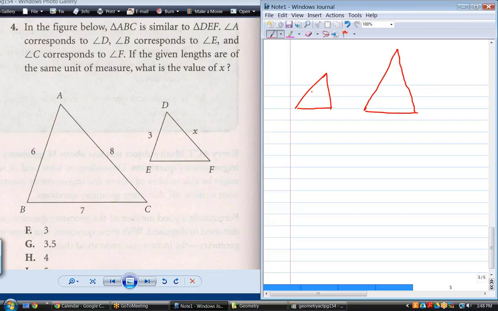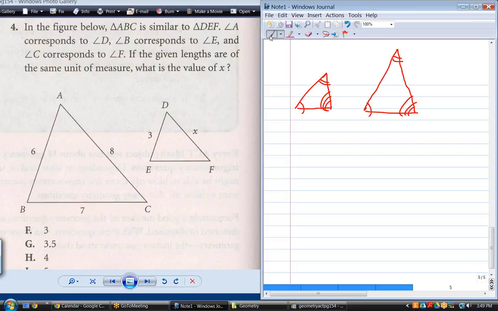In other words, you have similarity when this angle here is the same as this angle here, and this angle here is the same as this angle here, and finally, this angle here is the same as this angle here. And that's what these marks mean. If you see an angle that has one tick mark, that means it's the same as that.